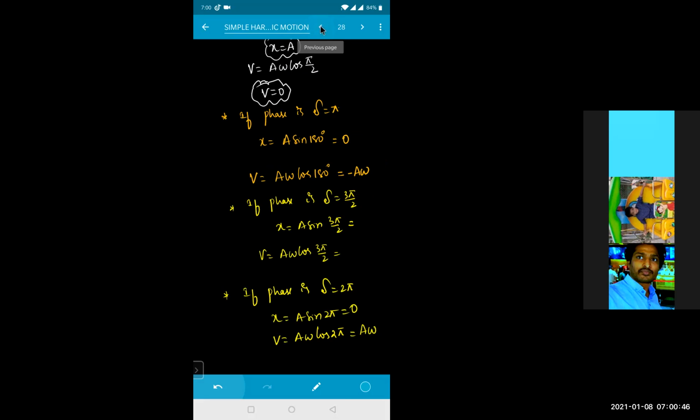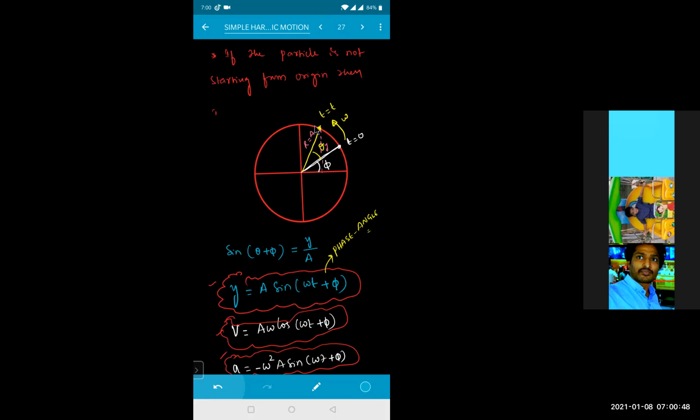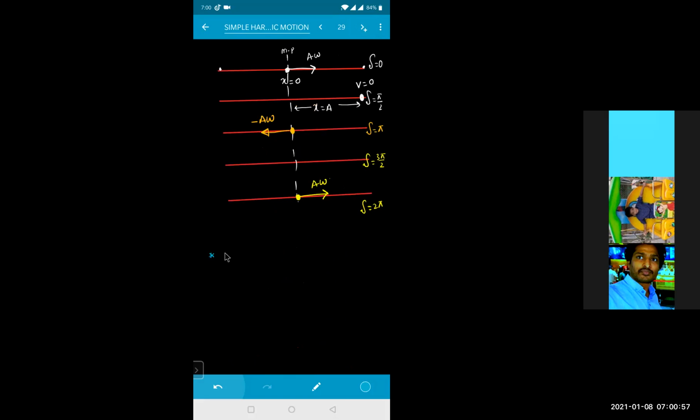See this diagram better. Now, as the time increases, will the phase increase or decrease? Theta will increase, yes. You should remember this: as time increases, the phase theta, which is equal to omega t plus phi, also increases.